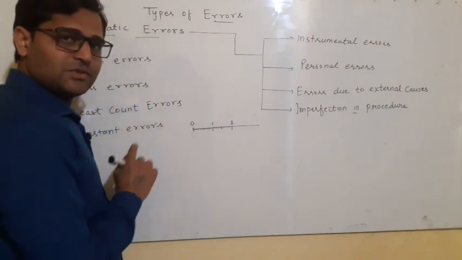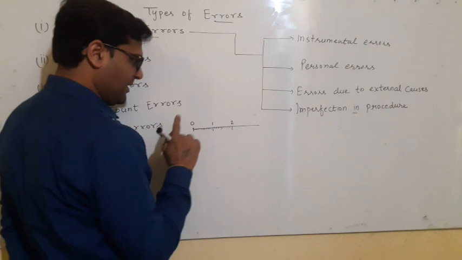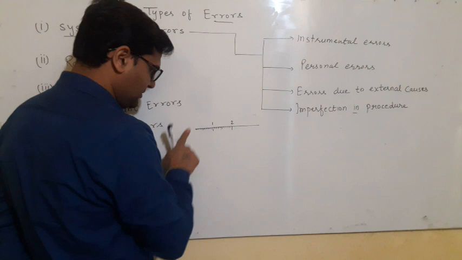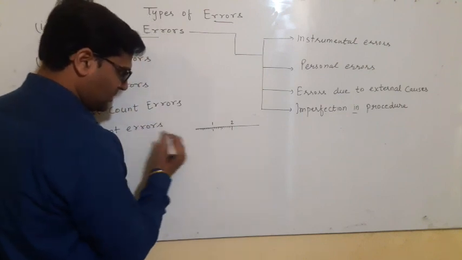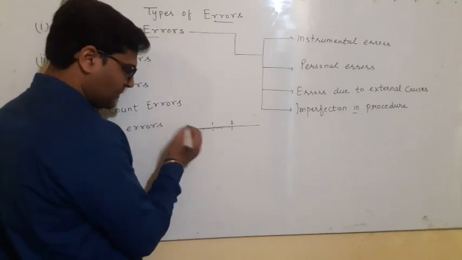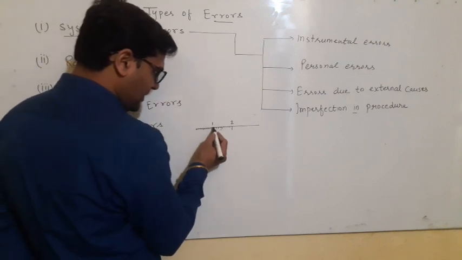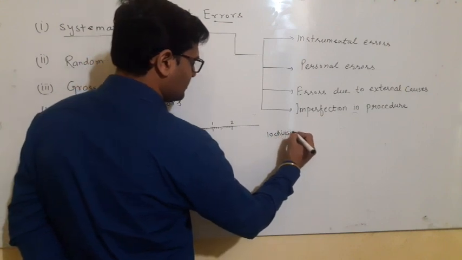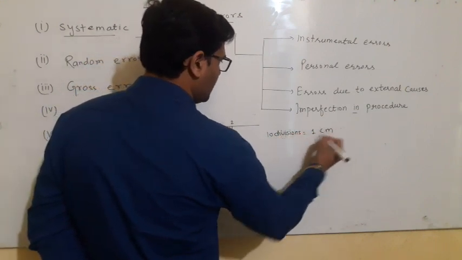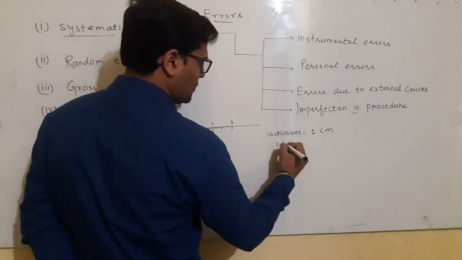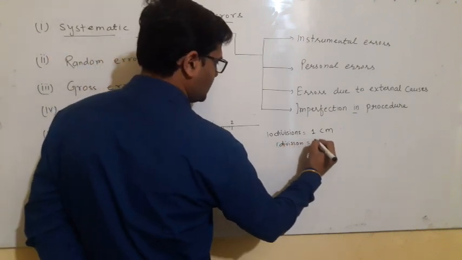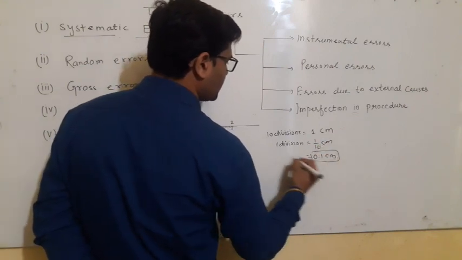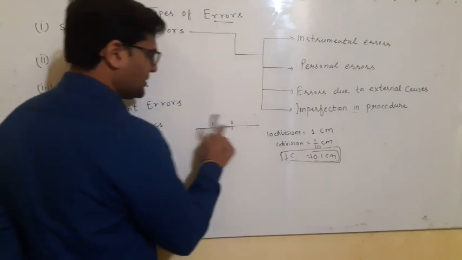This is our actual scale, but somehow by mistake it breaks. Now my 0 is not here. So earlier 10 divisions was there, which is equal to 1 centimeter. So 1 division is equal to 1 by 10 centimeter, means 0.1 centimeter. This is the least count of this scale.